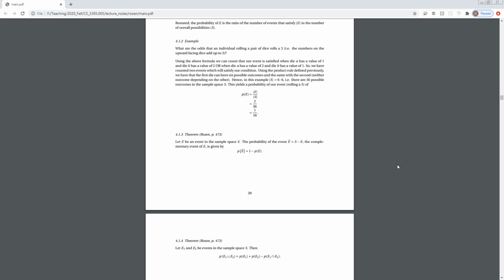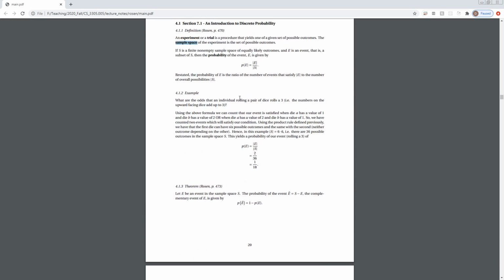Okay, so following on that, the probability of an event is the number of times that the event occurs, so tall pea plants, over the entire sample space. And then over here we ask, what are the chances that you roll 2 dice and you roll a 3?